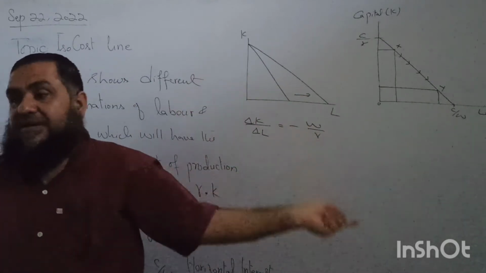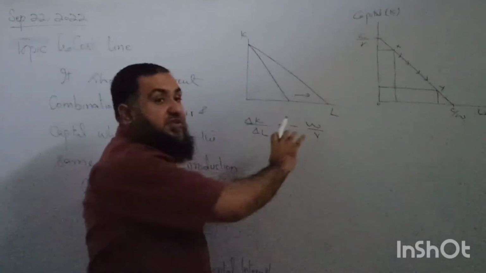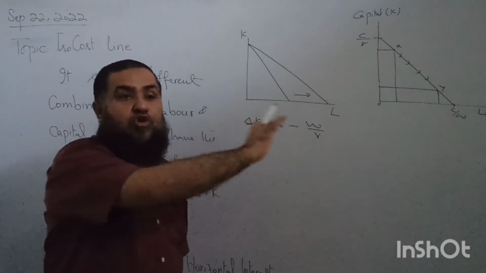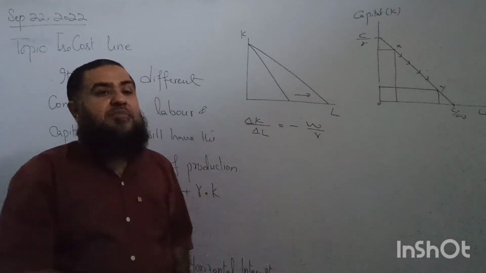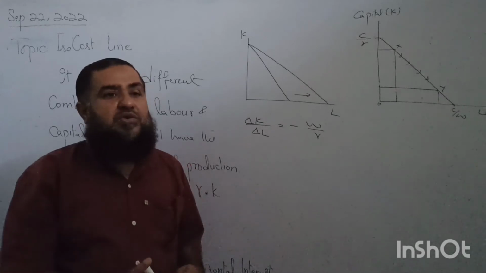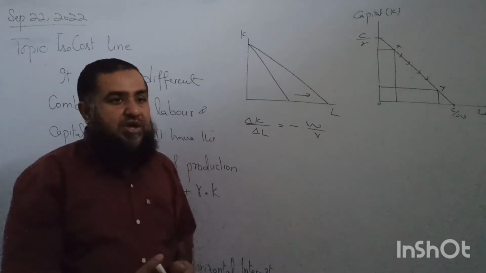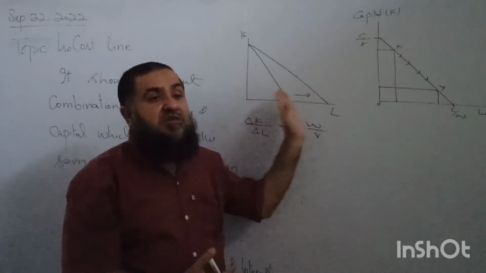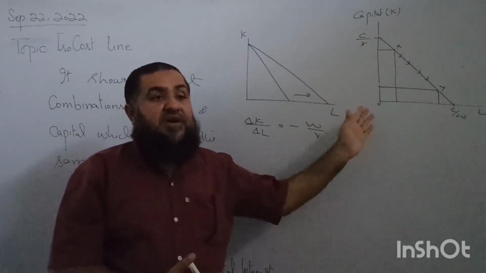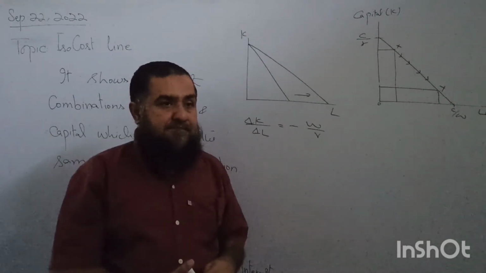It will become flatter. So when wages are falling, the producer will be able to hire more number of workers within the same cost bill. For example, he has estimated total cost of 300,000 for the whole production. So when wages are decreasing, he is able to have more number of workers within those 300,000. Clear?